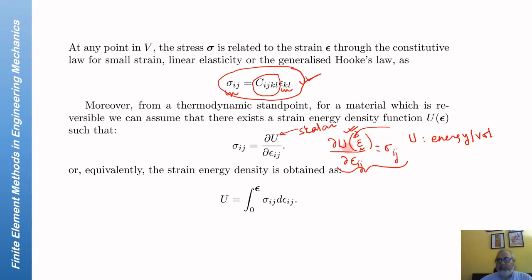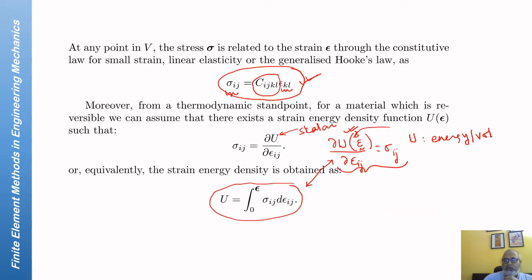Now this equation can be integrated, so you can integrate sigma with respect to epsilon ij from 0 to some strain epsilon to get the total strain energy density at a point at a total strain of epsilon. So this is the way you will get the strain energy density at a point, which is same as this. And as I said, this is another way of stating the generalized Hooke's law.